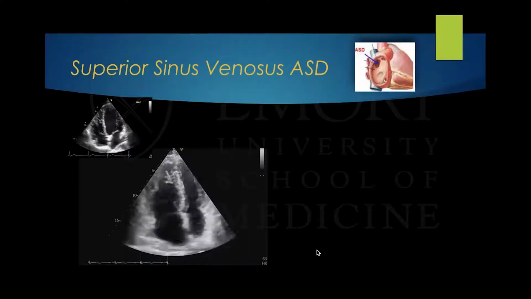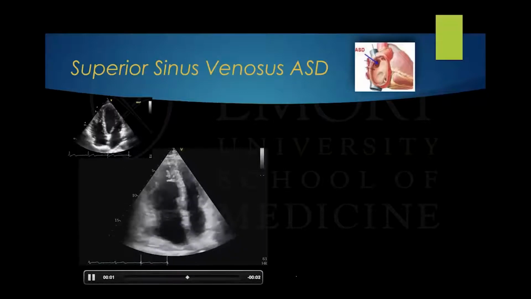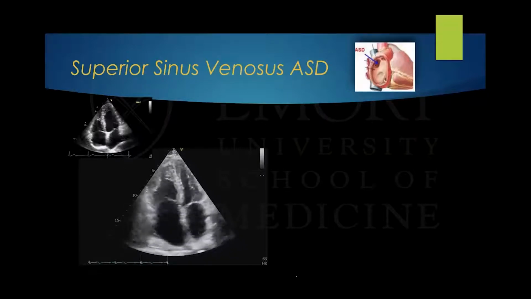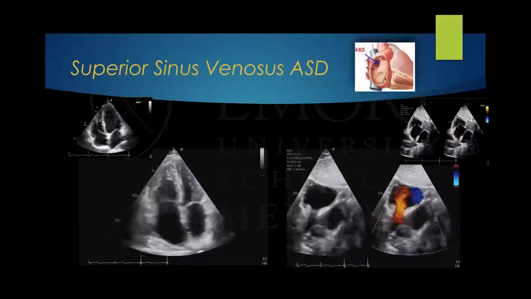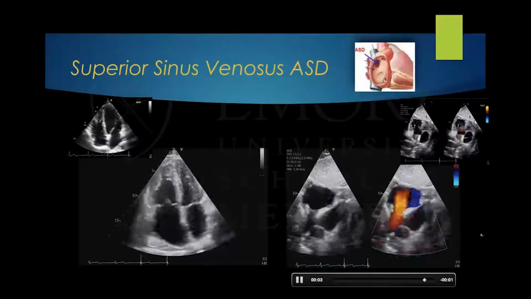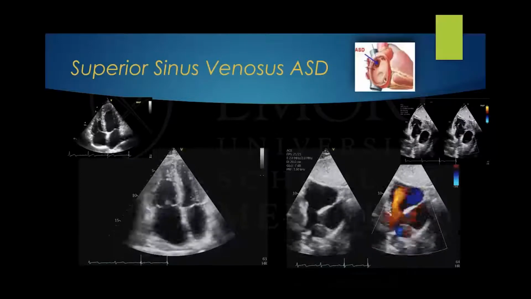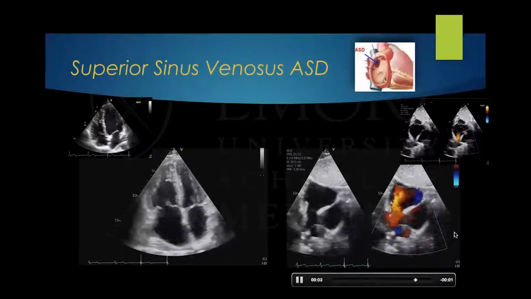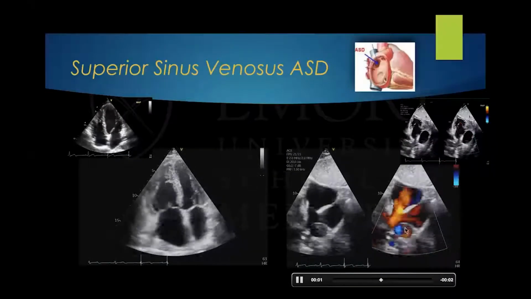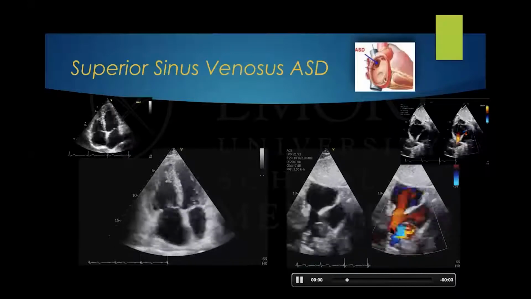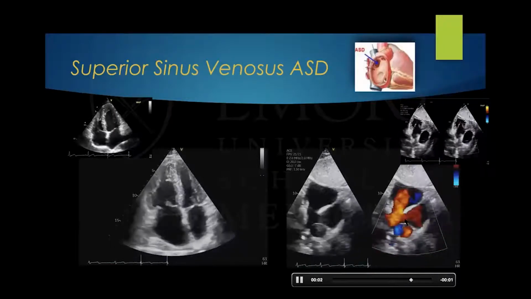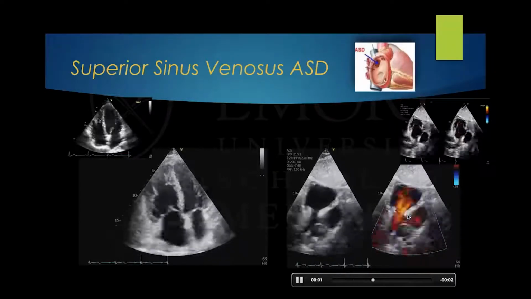And this is why people miss sinus venosus ASD on echoes, because we have to go and do more specific views like this one, which is the subcostal view, angling very anteriorly close to your pulmonary arteries and your SVC so you can appreciate the defect along this area.